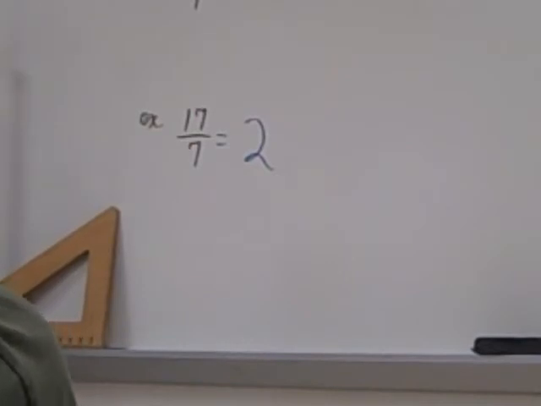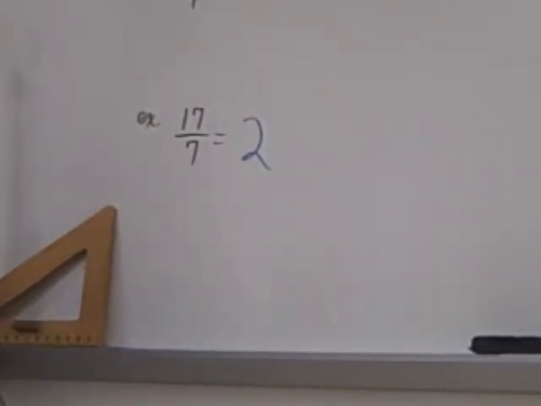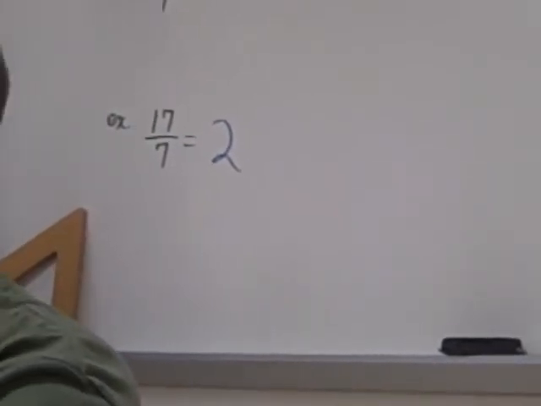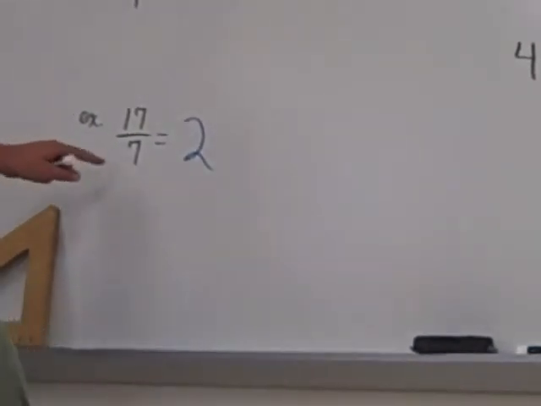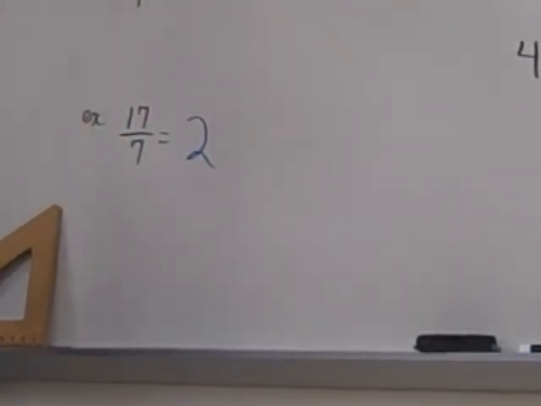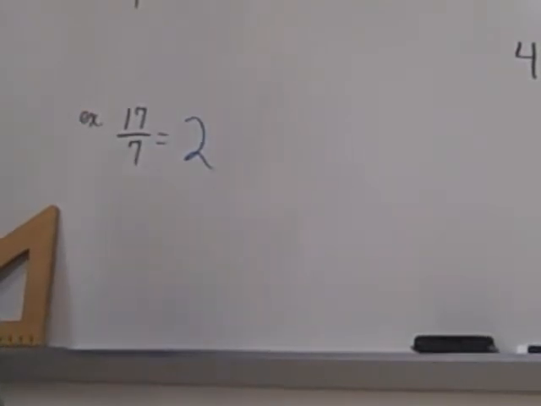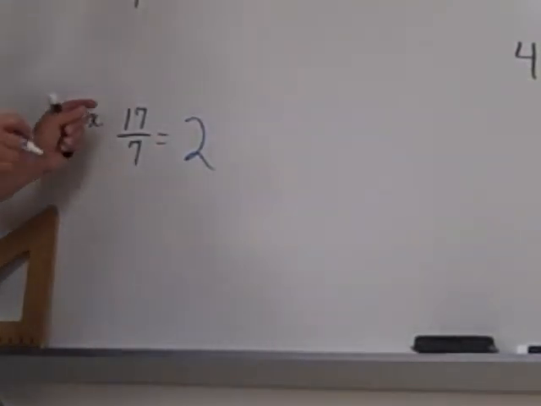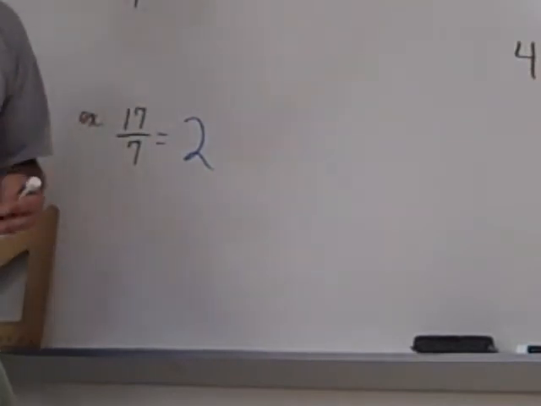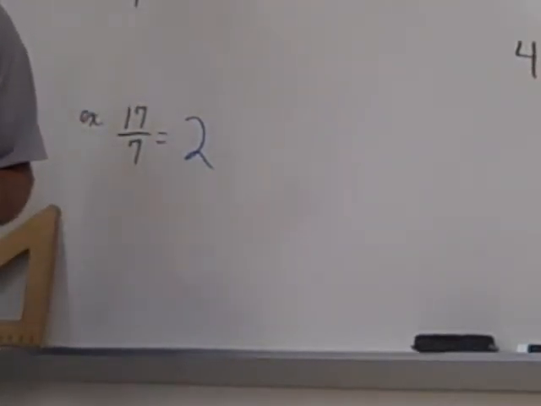Very good. Did we have some leftovers? Yes. Barrett, do we have any leftovers when 7 divides into 17? Because what is 7 times 2? 14. Okay. How many leftovers if I've got 17 but I had 14?